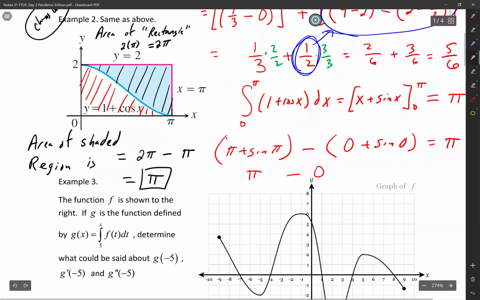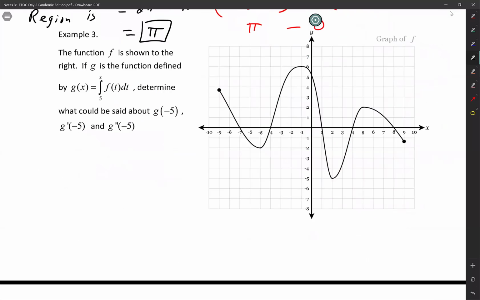All right, the function f is shown to the right. So here's my function. If g is a function defined by g of x equals the integral from 5 to x of f of t dt, determine what could be said about g of -5, g prime of -5, g prime prime of -5. Okay, I see numbers for these two. The ones that I put check marks have exact value.